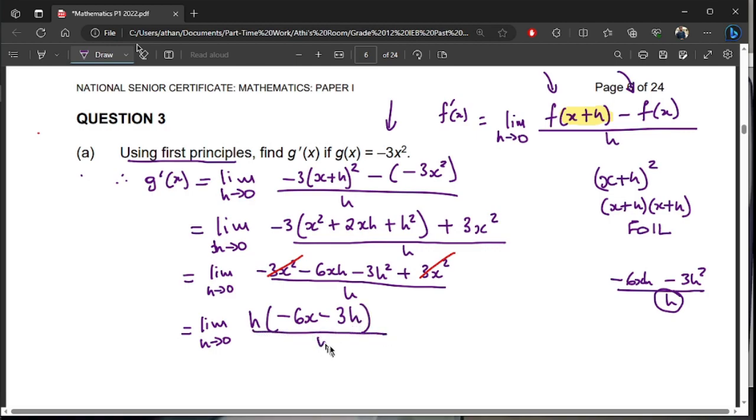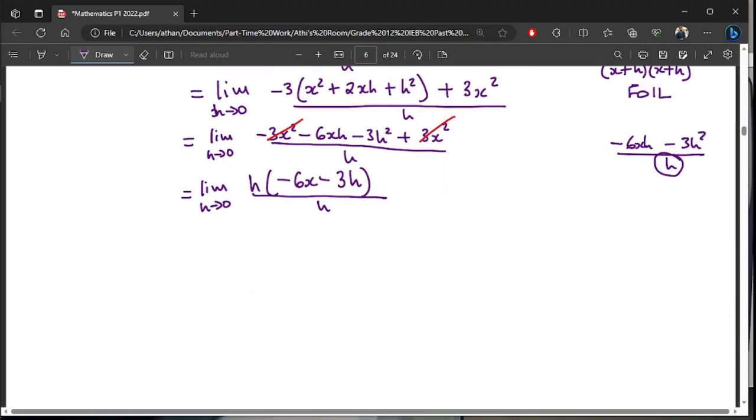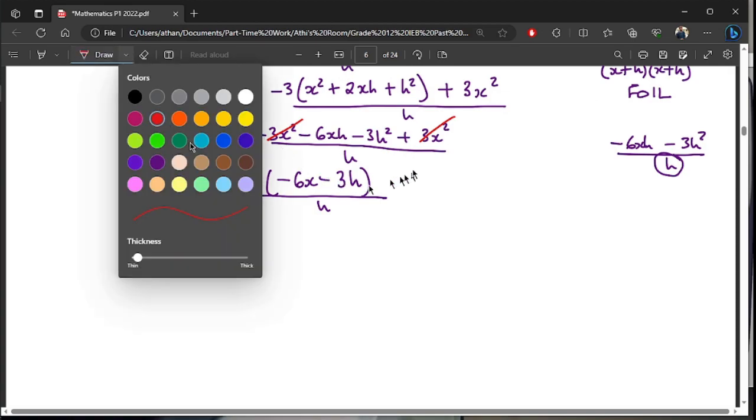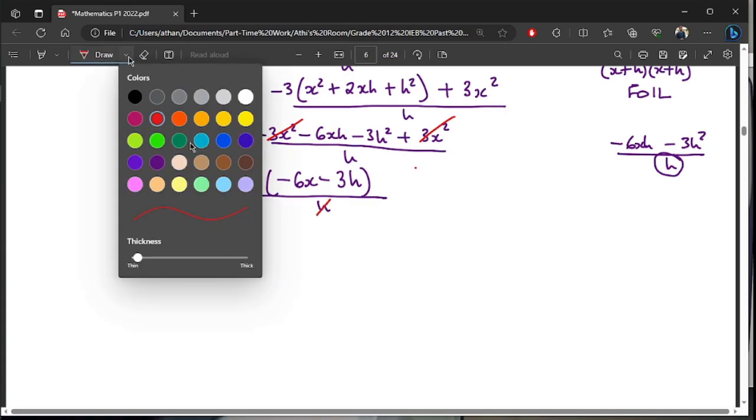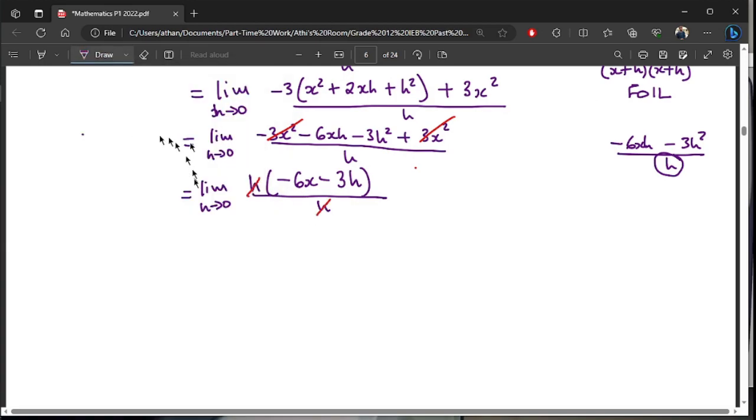Remember, all of that is still divided by the value of h. Okay, and then if you notice now, we're going to divide here. We divide h by h. They give you 1, or in the common language that we use, we say they cancel. Therefore, this is what I have. The limit as h approaches 0 of negative 6x minus 3h.